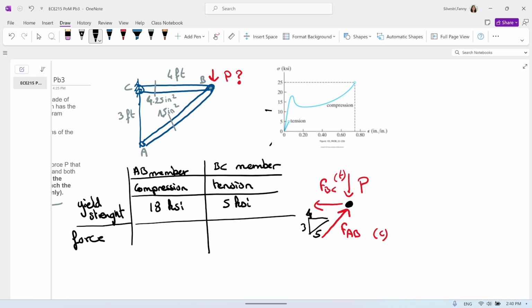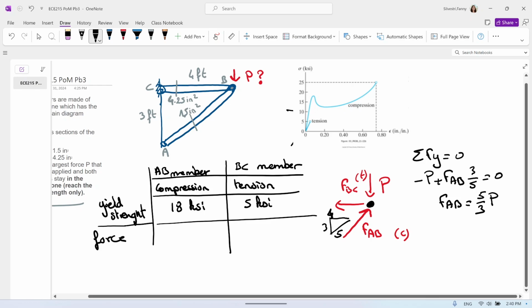If we do the sum of the forces on y equals 0, we have minus P plus FAB times 3 divided by 5 equals 0. Anyway, I will write it in terms of P. So FAB equals P, and I move over the 5 and the 3, so 5 divided by 3. Here we go. Force AB will be 5 divided by 3 times P.